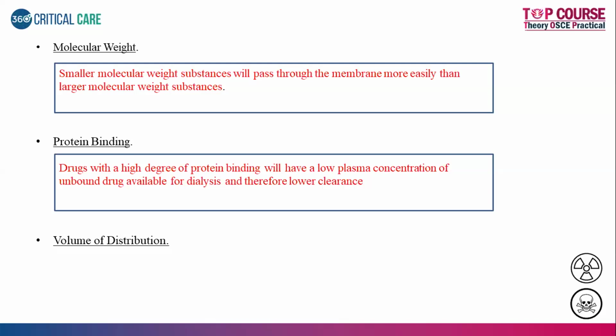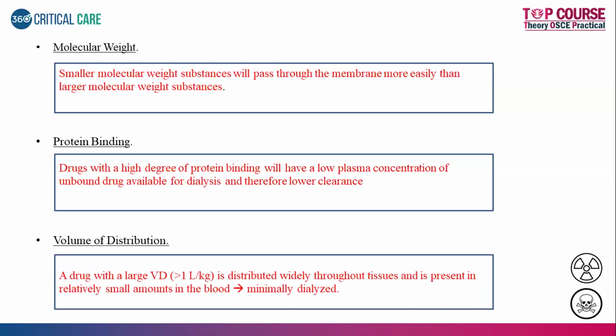Okay. Third is your volume of distribution. What is volume of distribution? When a drug is given, it goes and settles into, or distributes into, the different organ systems. If there is a large volume of distribution, they say more than 1 liter per kg, then what happens?